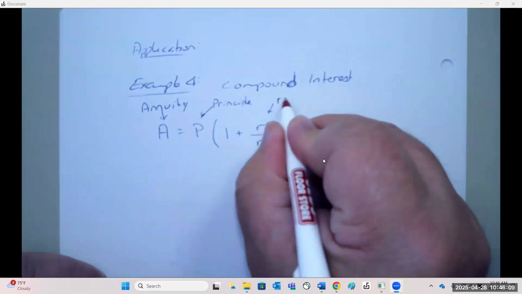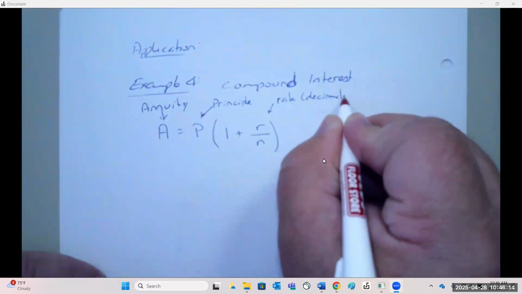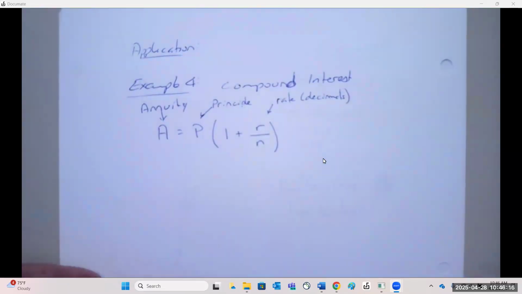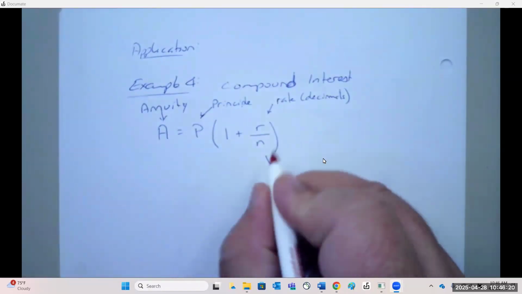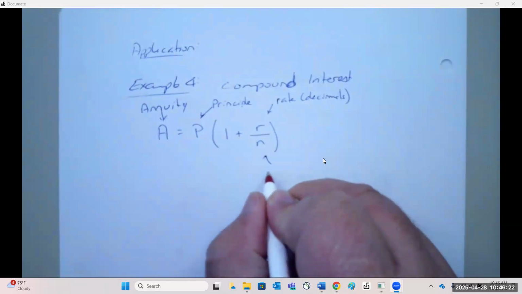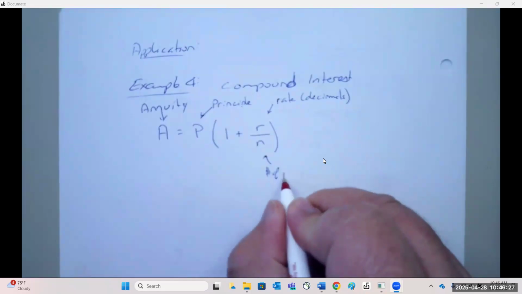R is the rate in decimals. That's the interest rate that you're paying. N is the number of payments.